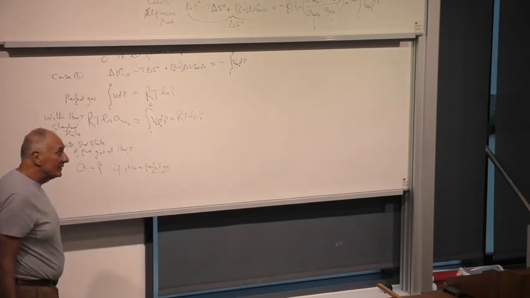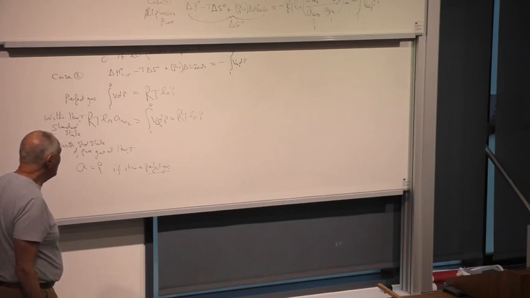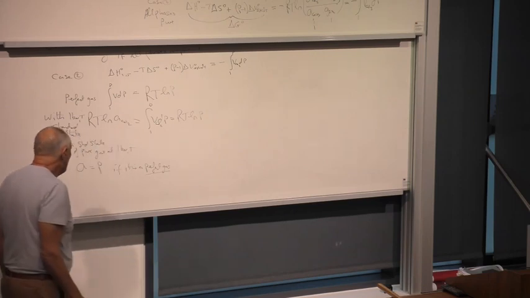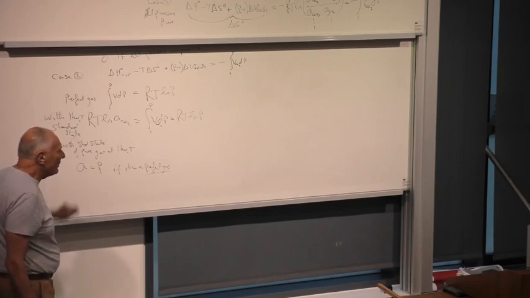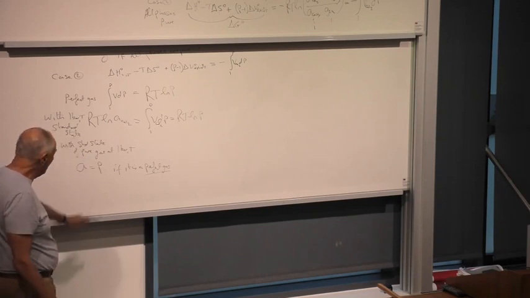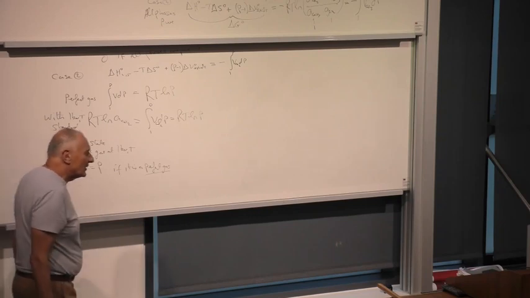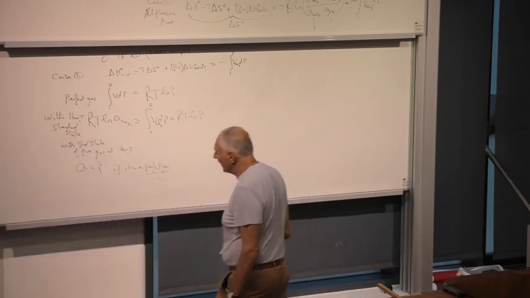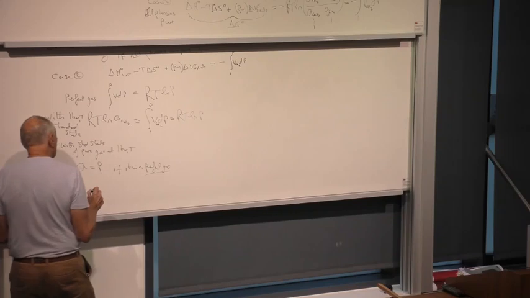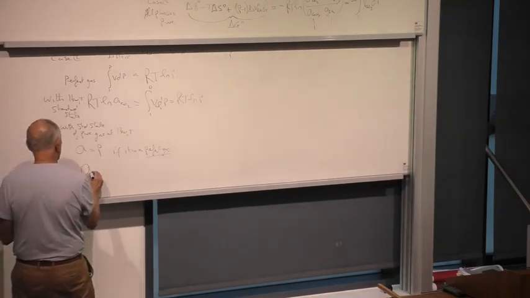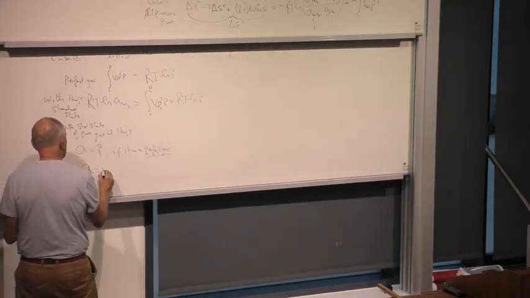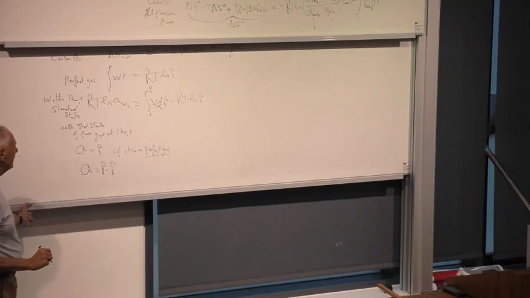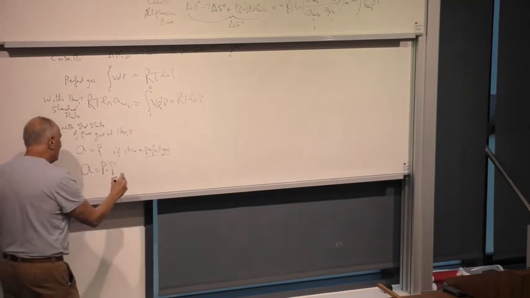So that's a nice, easy result. And that's one reason why we often use this 1 bar and T standard state for gases, because it gives us a nice, simple relationship to pressure if it's a perfect gas. And if it's not perfect, we introduced a fugacity coefficient.